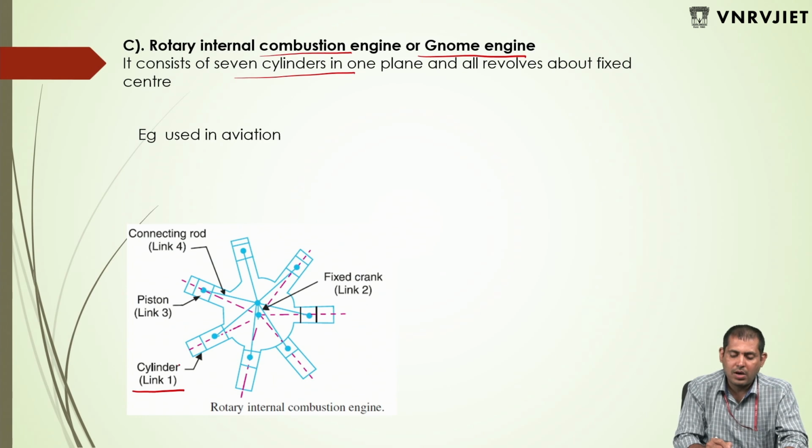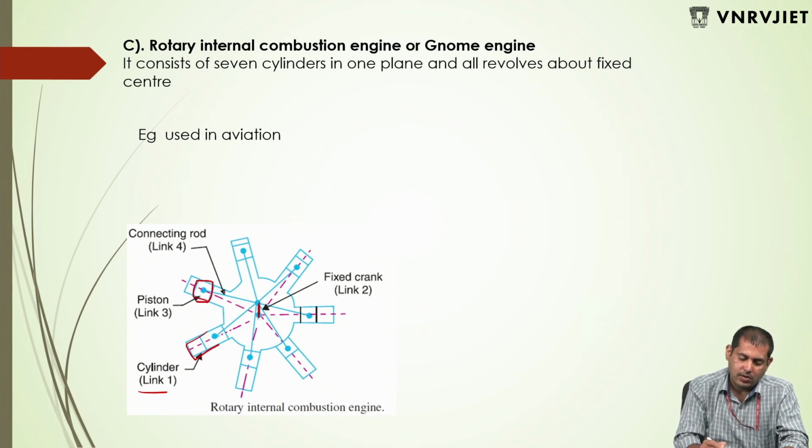Now this is commonly connected, so the piston here comes as link 3. Now this link 2 is the fixed crank. Here is the connecting rod, connected to the fixed crank. So it's link 1, link 2, link 3, fixed crank.